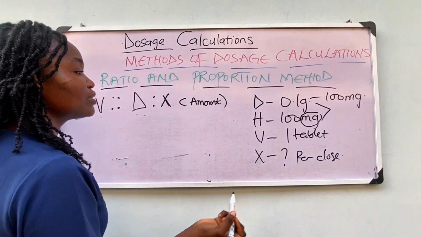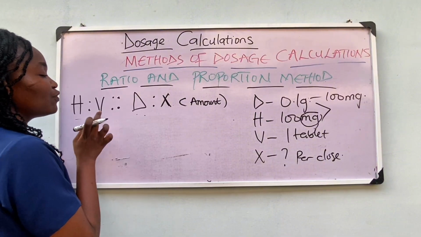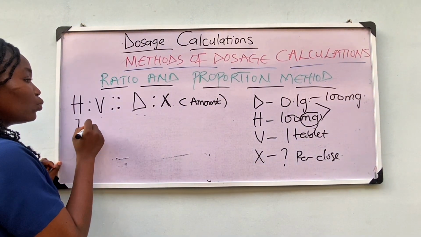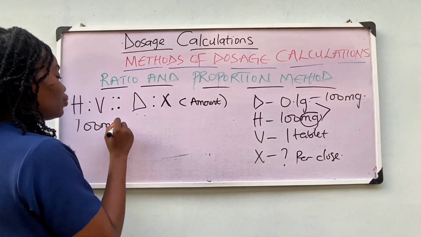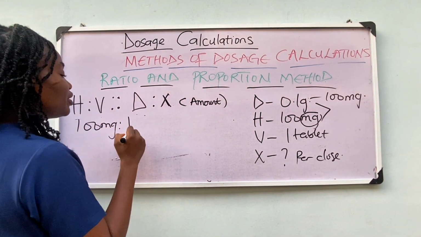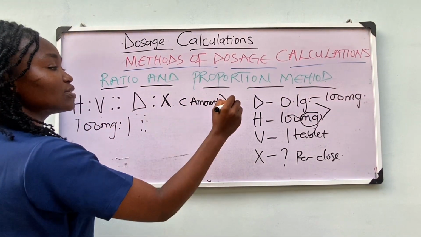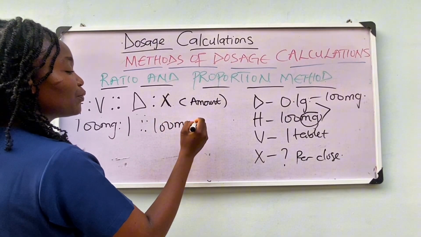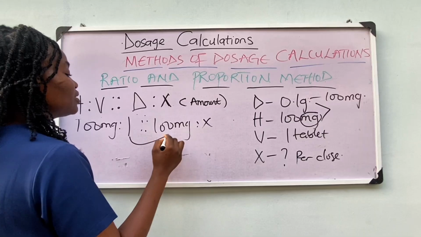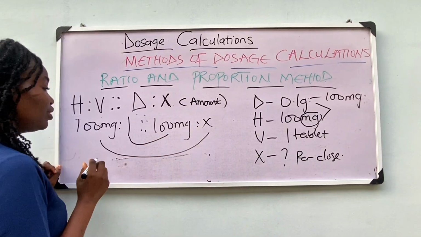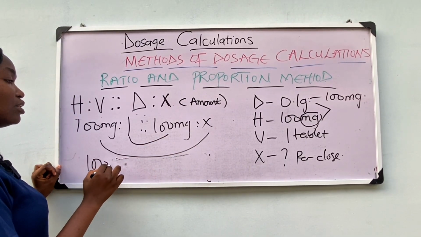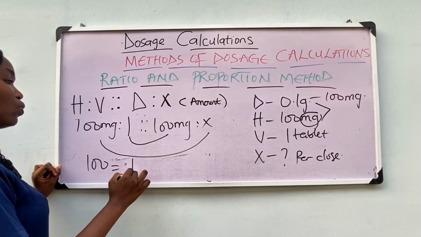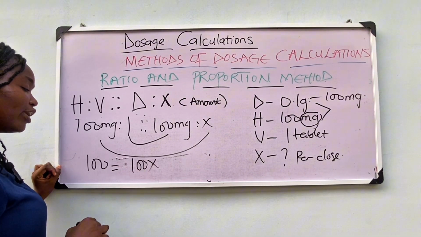So when we input our figures, we have H ratio V is equal to D ratio X. So what do we have? We have 100 milligrams ratio our vehicle, which is 1, is equal to our drug desired, 100 milligrams, ratio what we are looking for, X. When we multiply means versus extremes, we have 100X.